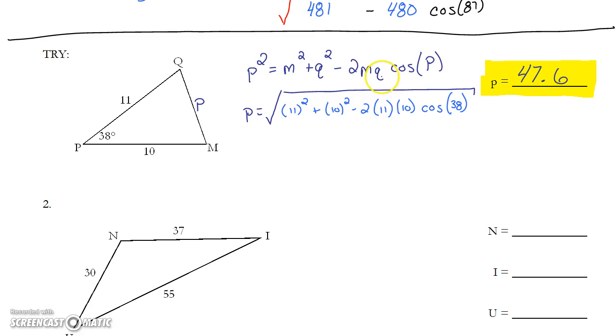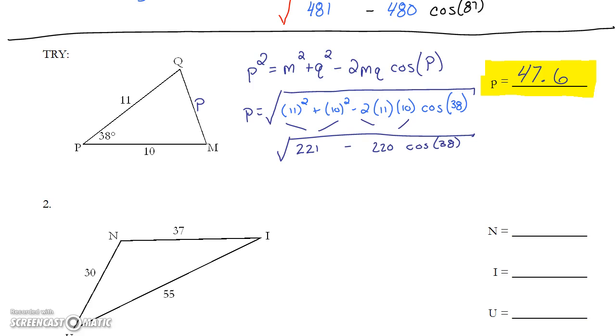Here's what we should have used. Substitute in what we know. If we simplified everything, this here would have given us 221 minus this here would have given us 220 times the cosine of 38, and of course all of that would have been under the square root symbol.